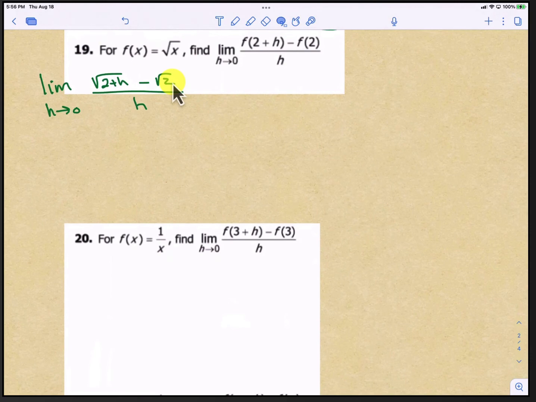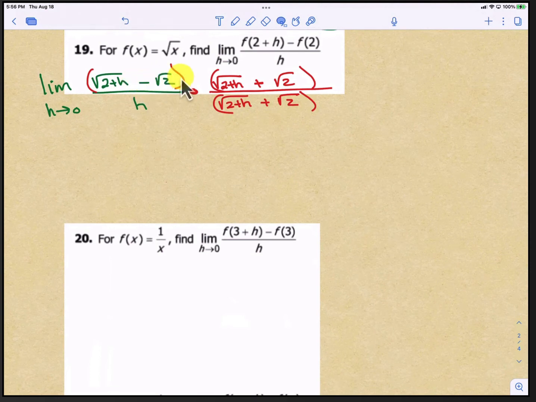Next step is to multiply the top and bottom by the conjugate of the numerator. And the conjugate of the numerator is the radical plus radical on the top and bottom. All right, next step is to multiply the numerator together. Radical 2 plus h times radical 2 plus h is just 2 plus h here.